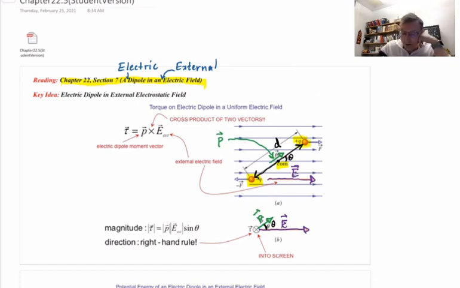There will be a force on the positive charge. There'll be an F electric on the positive charge, and that will be, just using F equals qE, that force on the positive charge will be in the same direction as the electric field, and that force is right here, to the right. Okay, now that's the electric force on the positive charge.